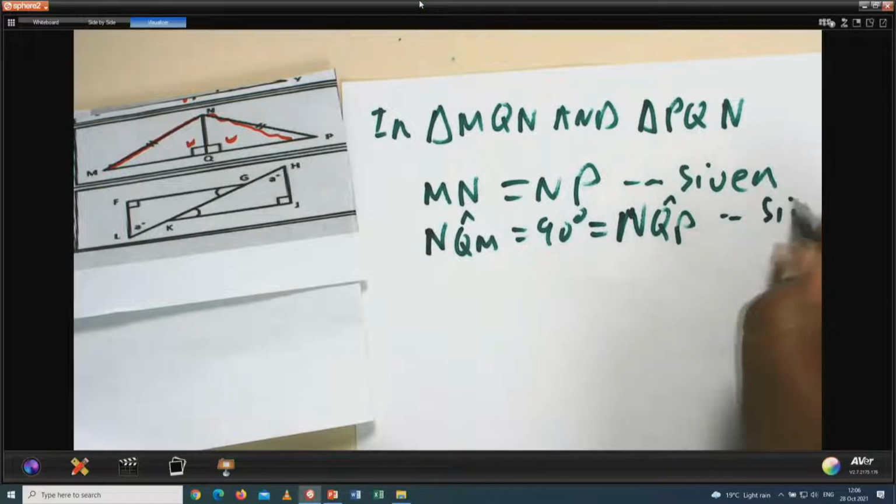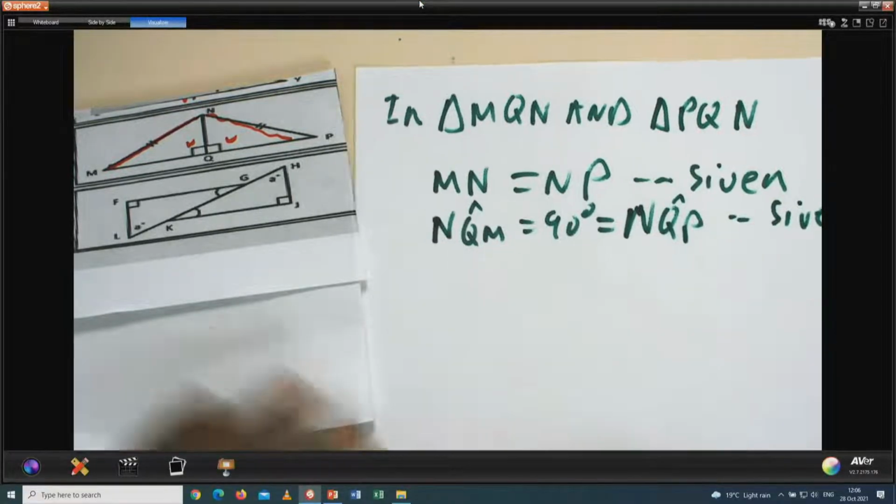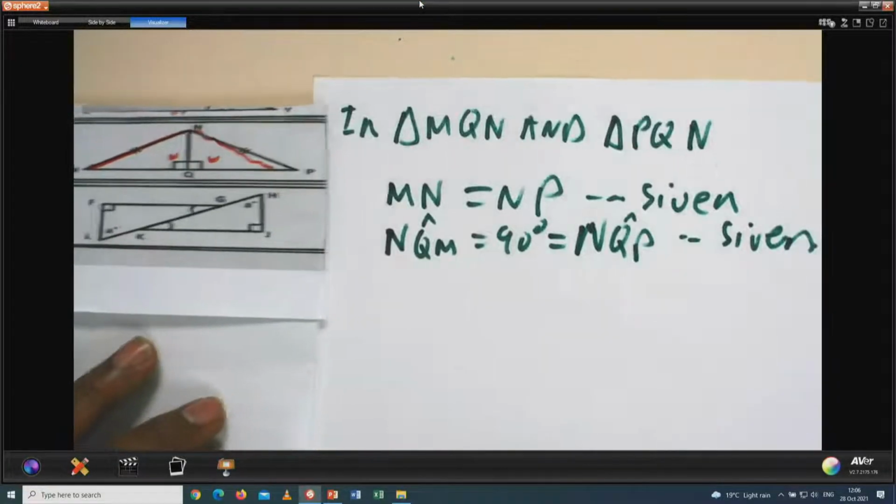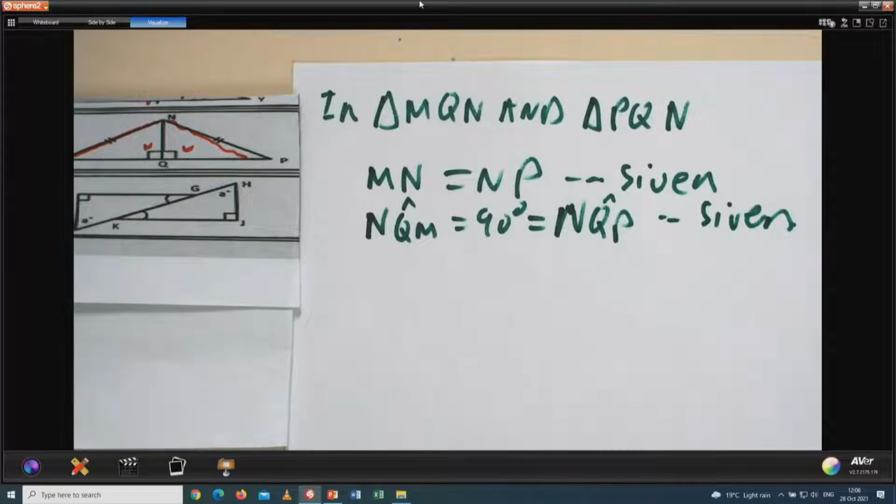How do you know? It's given. The information is there. It's for you to learn your mathematical language so that you can tell us mathematically. What else are we given? Nothing else.